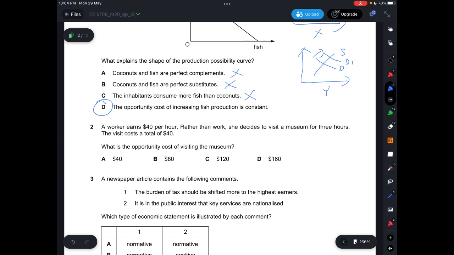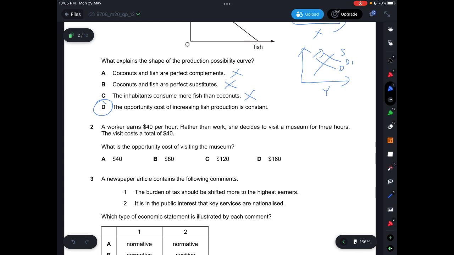Assuming I don't work at all, I won't earn anything. Now I go to this museum and I need to pay $40. And not only that, I am going there for 3 hours. So instead of actually going to work and earning $40 for 1 hour, I decide to go to the museum for 3 hours.